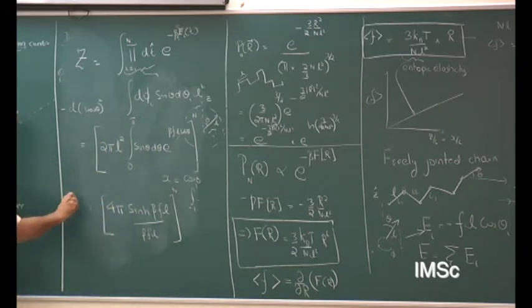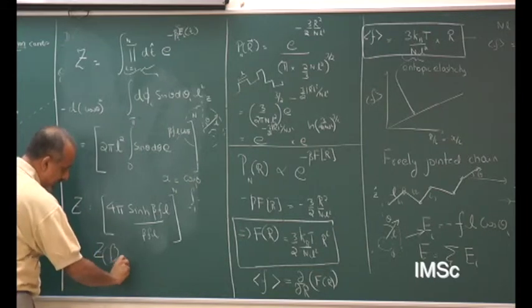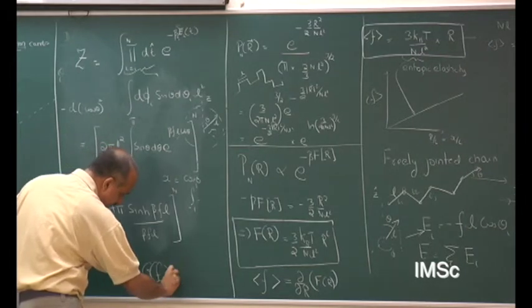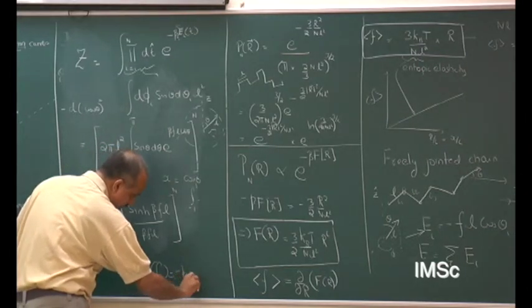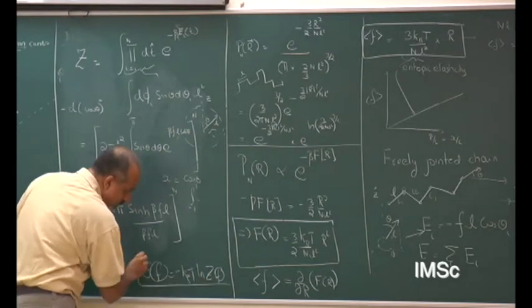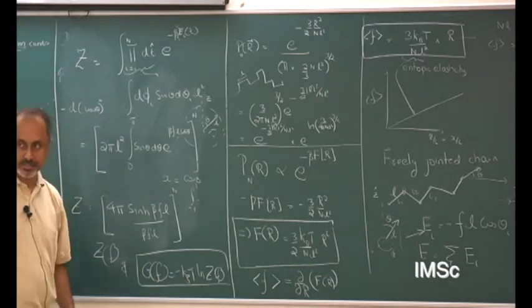Well, once we have the partition function z, z is a function of f, and the Gibbs free energy G of f is minus kBT times log of z of f. Remember, we have gone over these results of how you can take a partition function and convert it to a free energy.